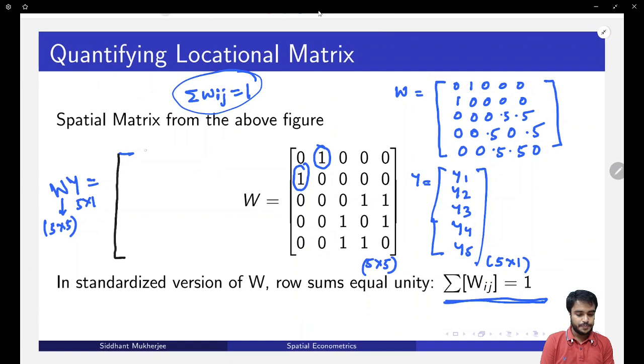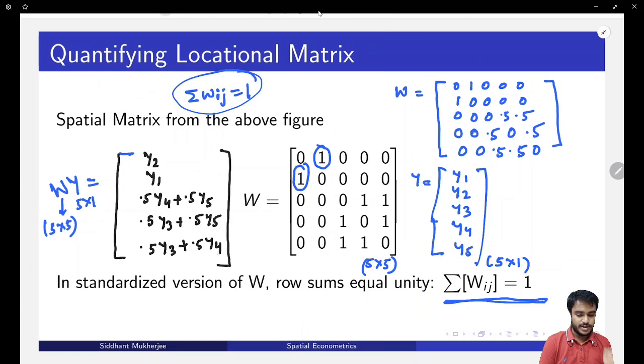So the matrix structure will be y2, y1 times 0, y2 times 0, y2 times 1, y3 times 0, y4 times 0, y5 times 0. This follows the matrix multiplication rules, I guess. So y2, 0.5 y4 plus 0.5 y5, 0.5 y3 plus 0.5 y5, and 0.5 y3 plus 0.5 y4.